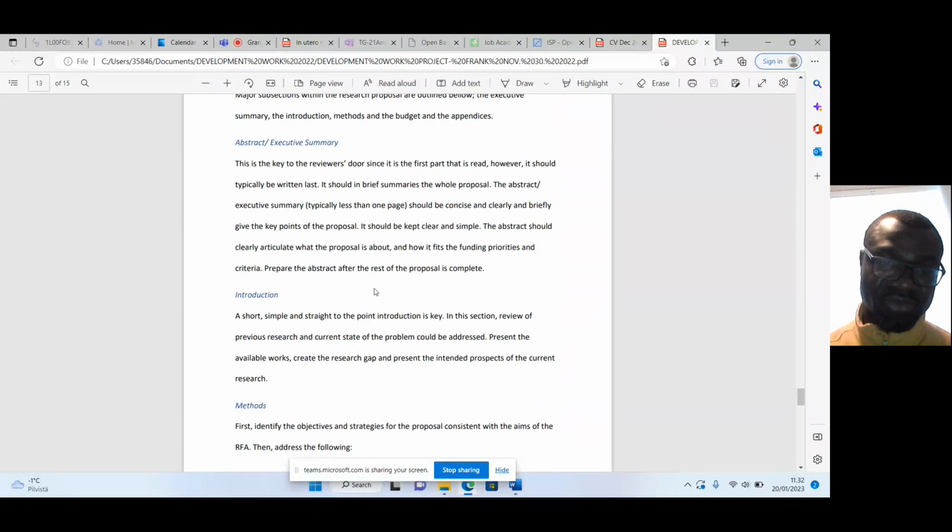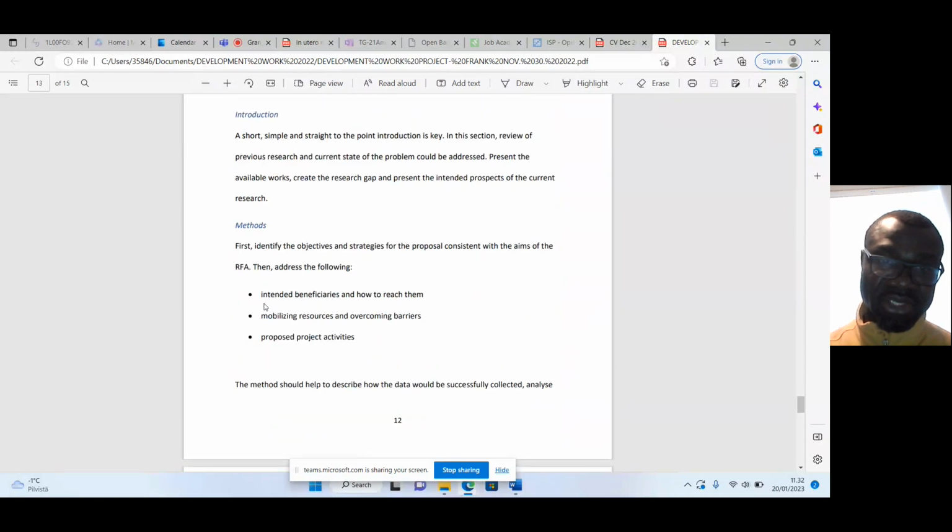The method should be precise, and the intended beneficiaries and how to reach them should be captured in the method. Mobilizing resources and overcoming barriers also need to be captured. And then proposed project activities, what you would like to do during the funding period, also need to be captured as part of the methods.